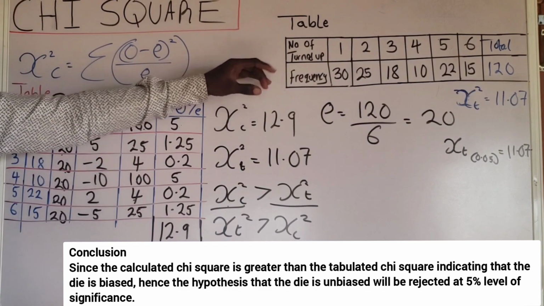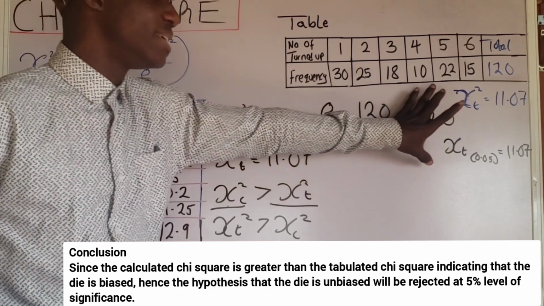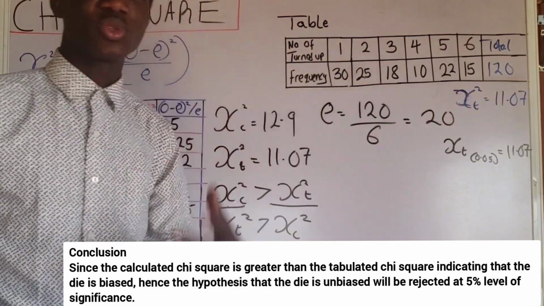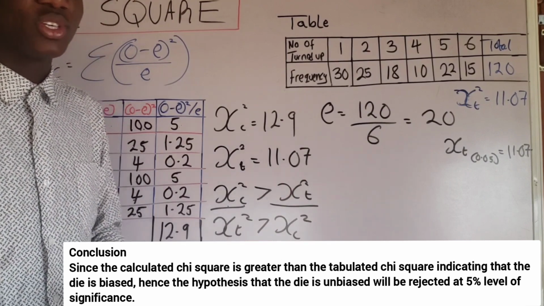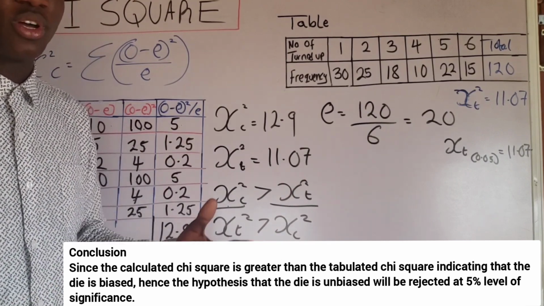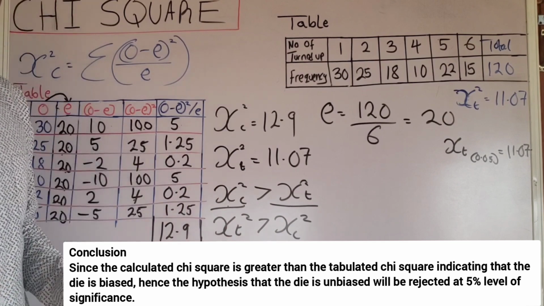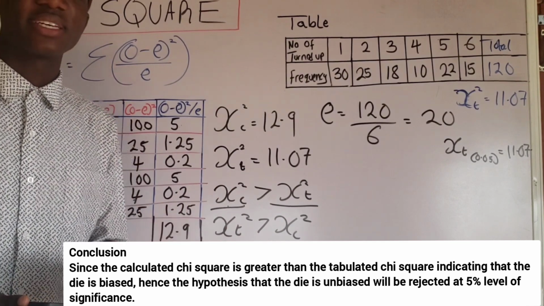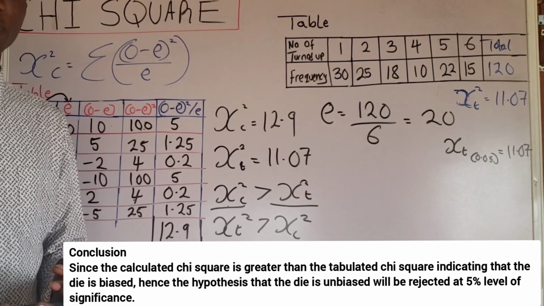Now I want to explain to you how to get the critical value. In some cases you might not be given the critical value in the exam, so it is important that you learn how to use the table to find the value. To get the critical value using the table, you have to know the degree of freedom.